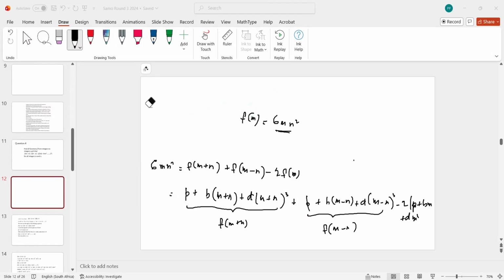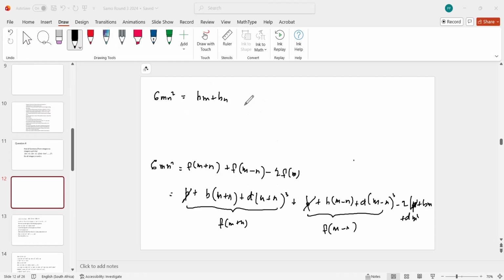Take all these things out. Okay, I got 6mn squared. I'm going to do some fast work here. p plus p minus 2p is 0 there. So let me just get rid of that. And here, what's left? You got bm plus bn.